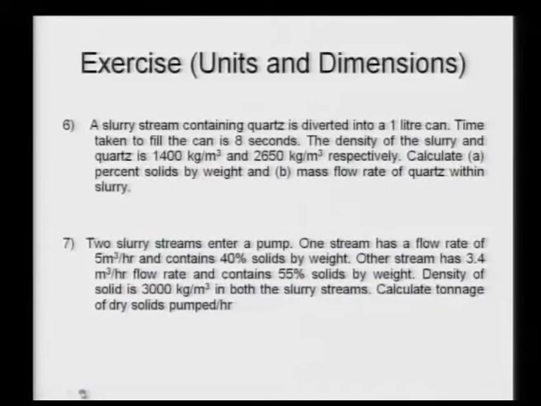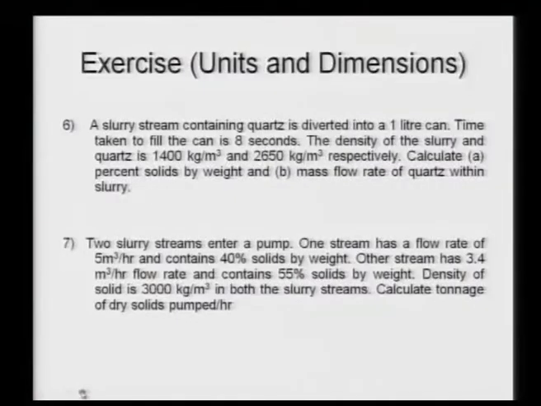Now, problem number 6. A slurry stream containing quartz is diverted into a 1 liter can, that is, the slurry is flowing, you have taken a 1 liter can and into this you have diverted that slurry. Time taken to fill the can is 8 seconds.